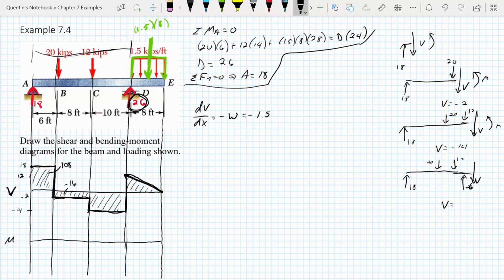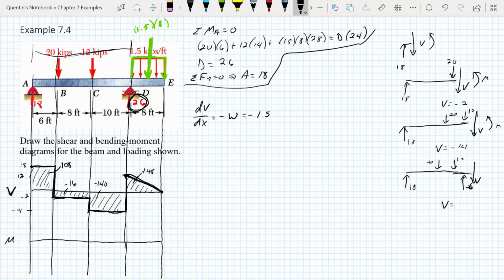This one is minus 14 times 10, so minus 140. And then this one goes from 12 to 0, so one half base times height: the base is 8, half of this is 6, so it's 48, plus 48.